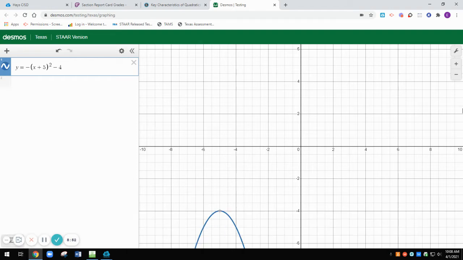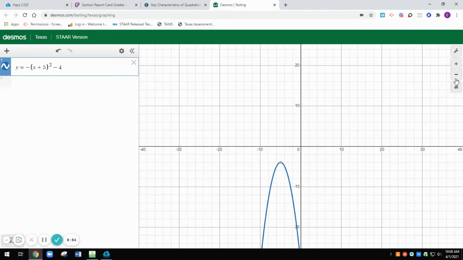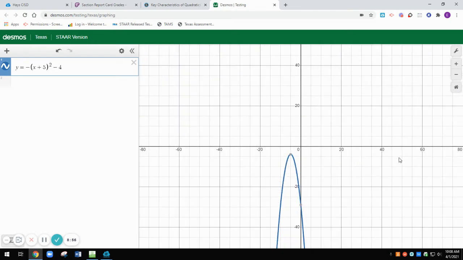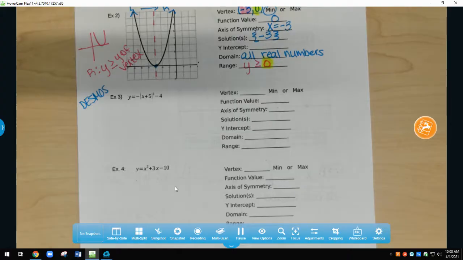So I can't see everything, so I'm going to zoom out a little bit until I can see everything I probably need. So if we look, it gives us a gray point at the vertex. So our vertex is (-5, -4).